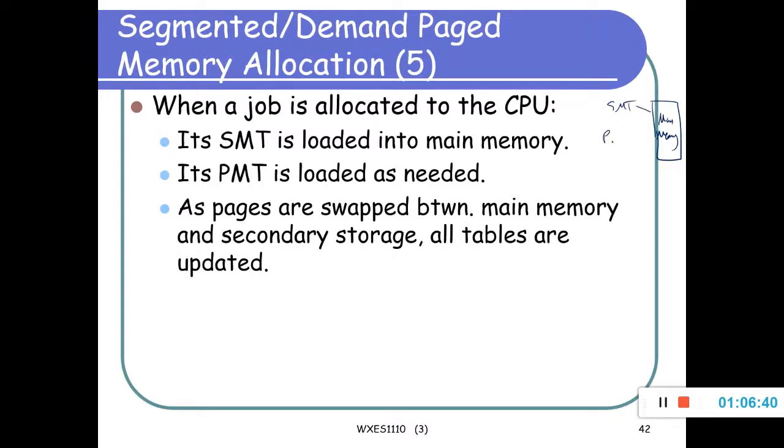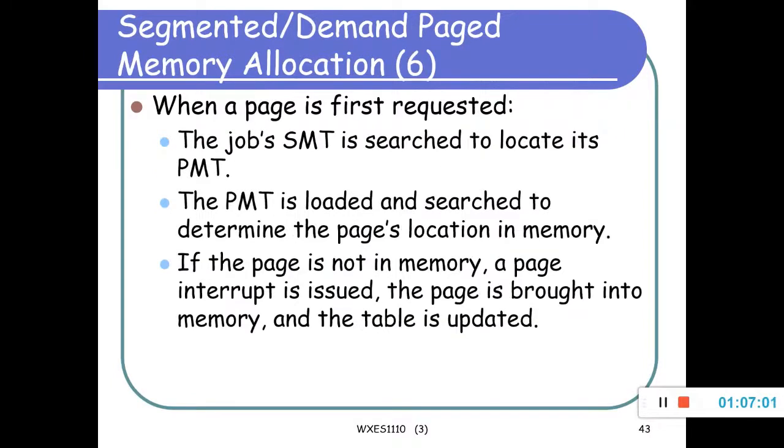So the PMT, if you need to load it into memory, is loaded from the page map table based on request, on demand. As pages are swapped between main memory and secondary storage, all tables are updated. When a page is first requested, the job's segment map table is searched to locate its PMT.